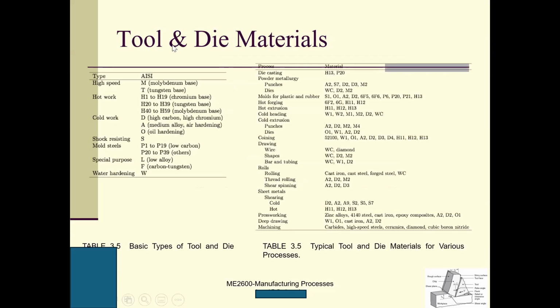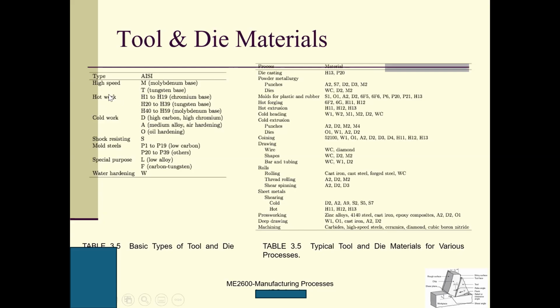So here, for high-speed machining, you use molybdenum-based and tungsten steels. Tungsten is very hard. And for the cutting tool, usually we see a lot of tungsten carbide. Tungsten carbide is commonly used in cutting tools in machining.